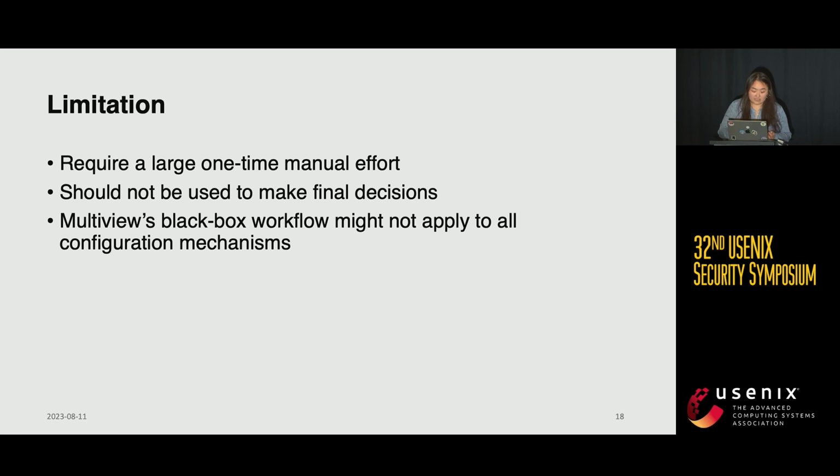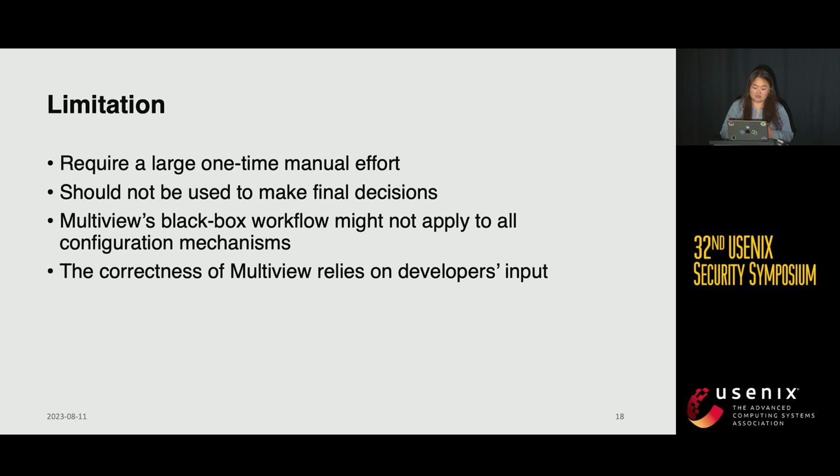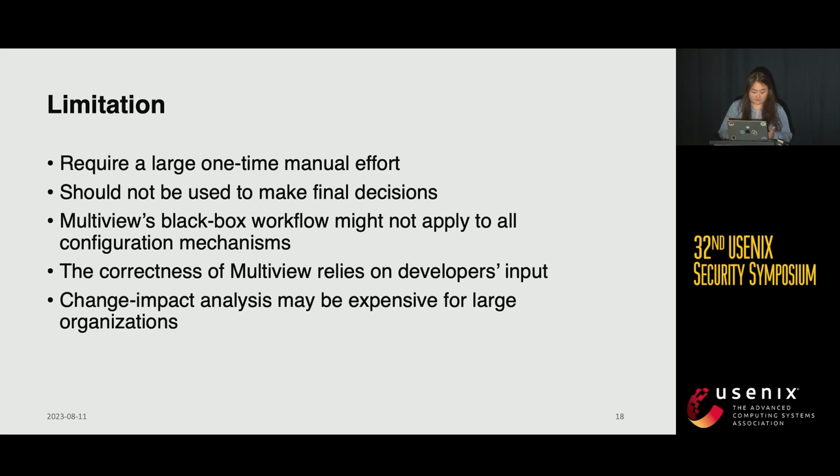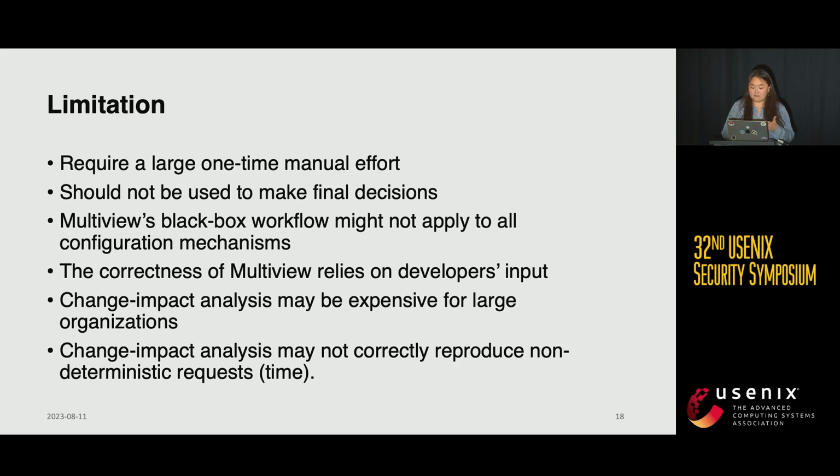Third of all, Multiview's black box workflow might not apply to all the configuration mechanisms. Our evaluation has shown there are issues we cannot diagnose. Also, the correctness of Multiview would rely on developers' input. Change impact analysis might be expensive for large organizations, and sometimes it might not faithfully reproduce certain requests that are non-deterministic, if they are dependent on time or other rate limits.